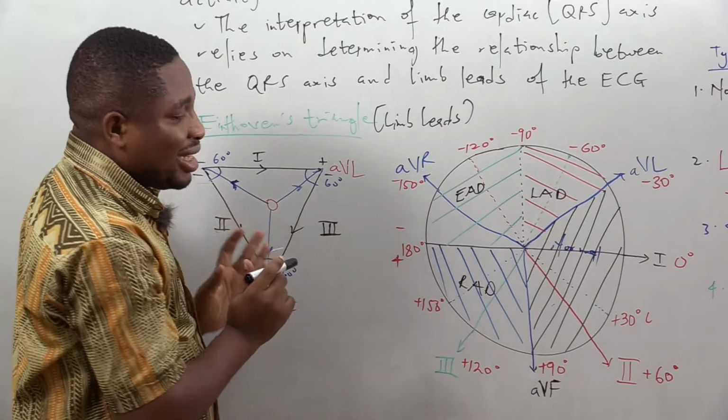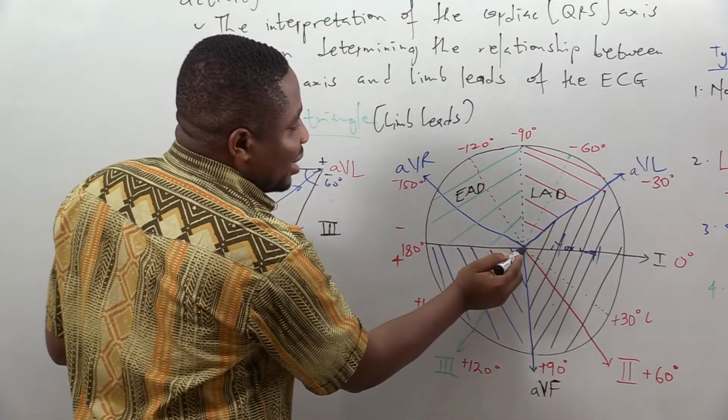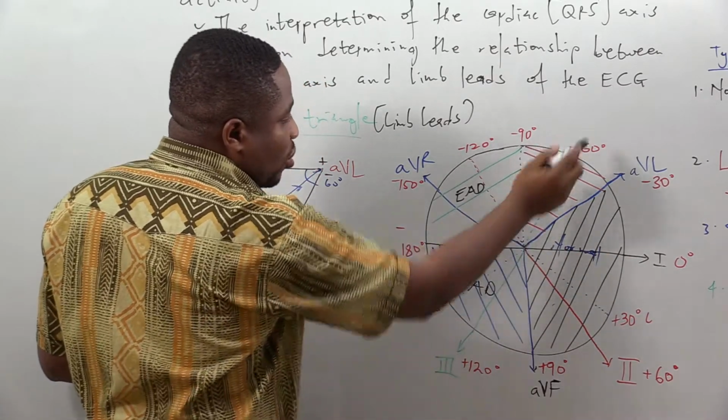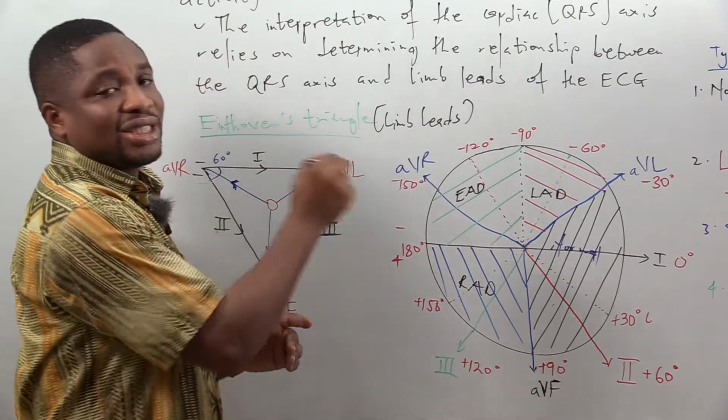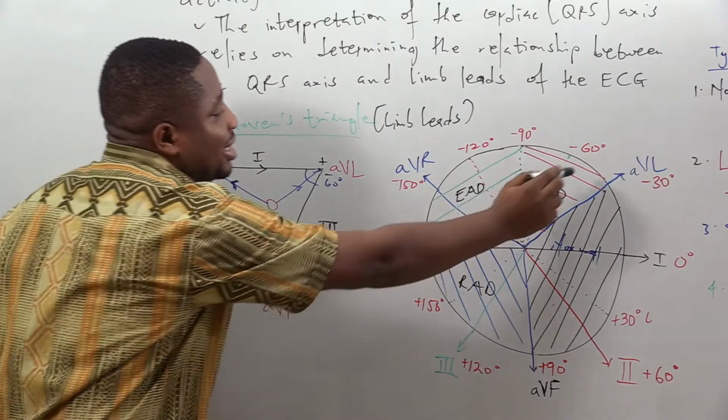So if we look at that carefully and we extend this line backwards, then you should know that the angle between lead 1 and lead 3 will become 60 degrees. But that is not the direction of lead 3. Lead 3 is pointing downwards.